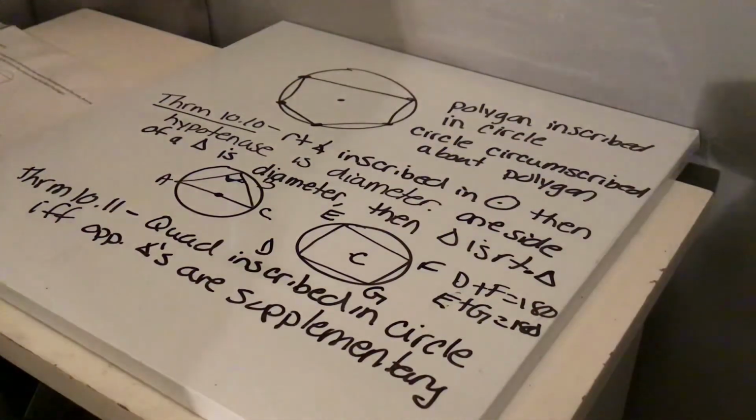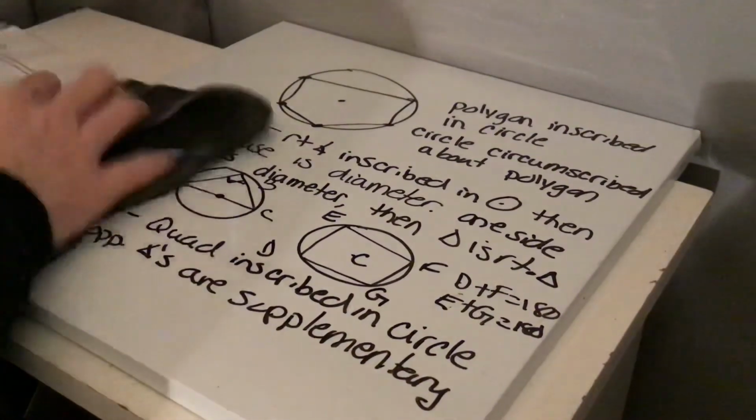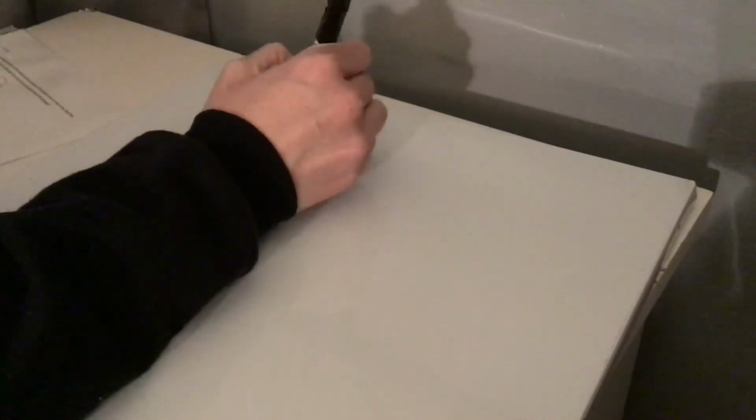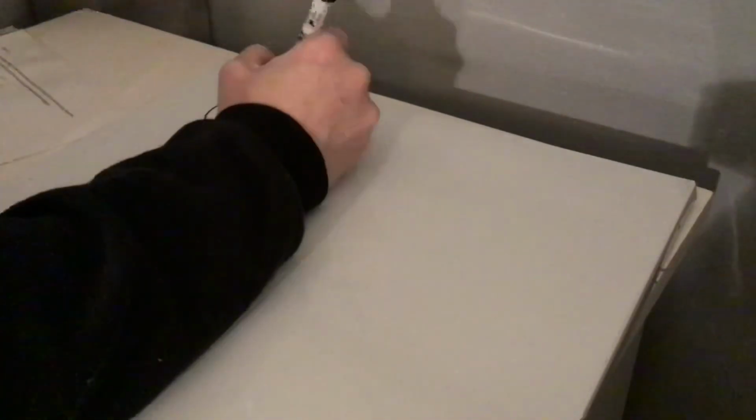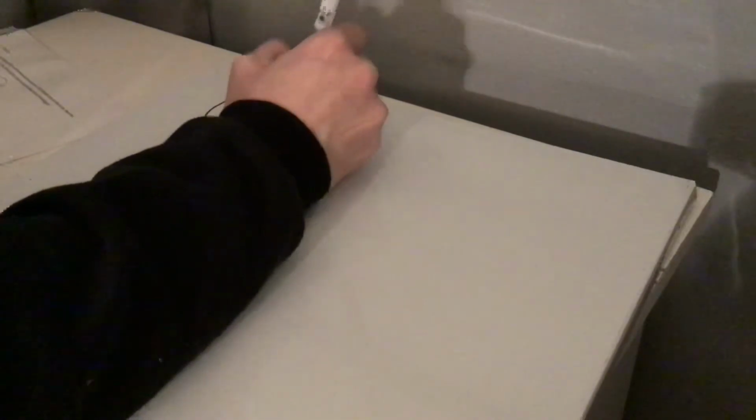All right, so a couple of examples, and that's 10.3 for you. Here is our circle, and here is a triangle inscribed in the circle. We're going to call this triangle BCA. Here is the center of our circle. We're saying angle C is 3x degrees.